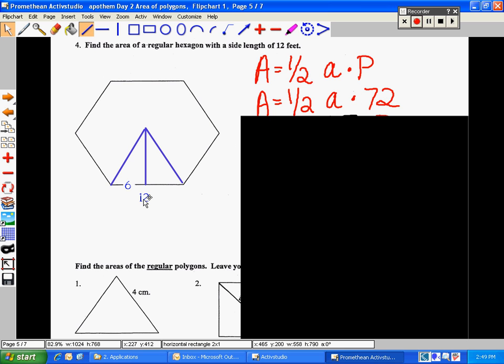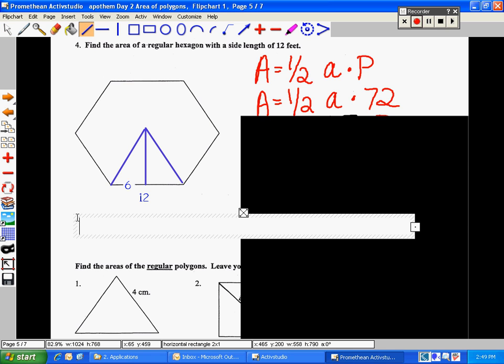We found the perimeter by saying that each side of this polygon is 12 feet. There are 6 sides. So to find the perimeter, I do 12 times 6 sides. That gives me 72. So we plug in 72 for the perimeter.